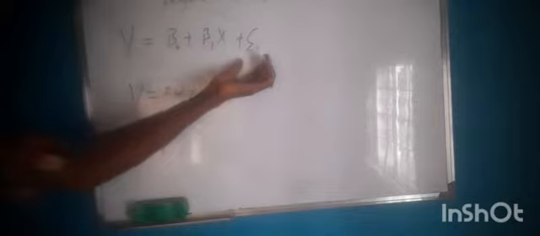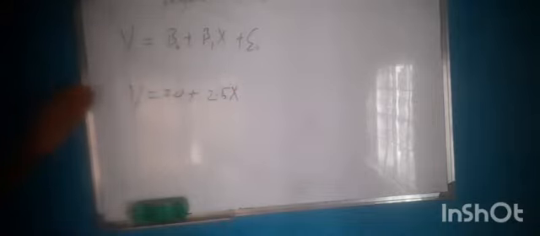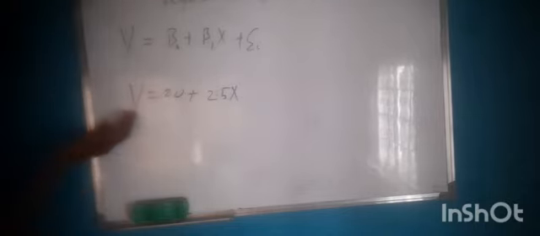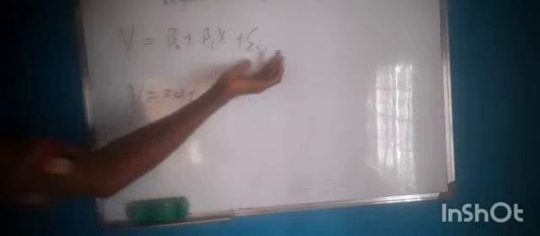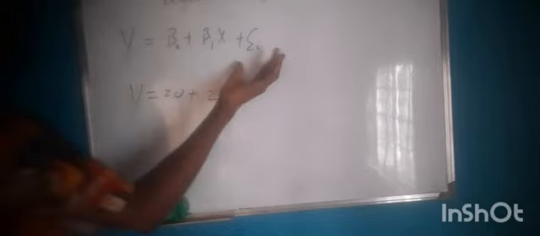Now this error accounts for all other factors which can directly or indirectly affect the dependent variable, but are not considered in the experiment or in the analysis. Okay, that is what the parameters of the regression equation mean and its practical application.